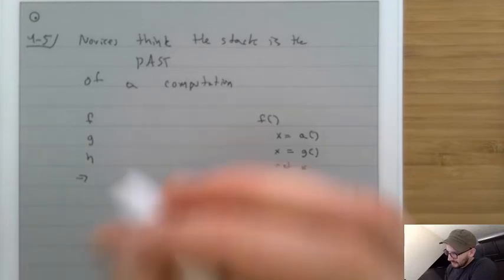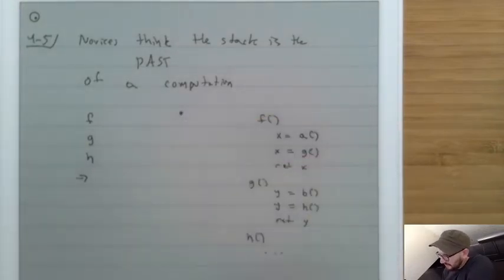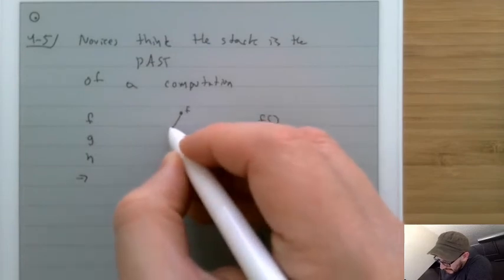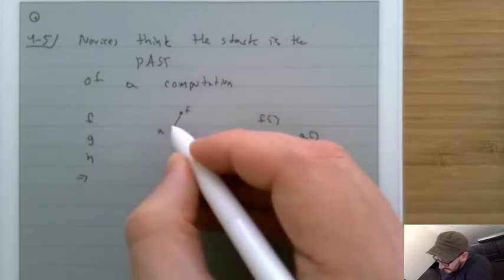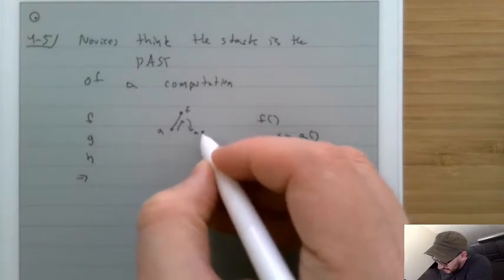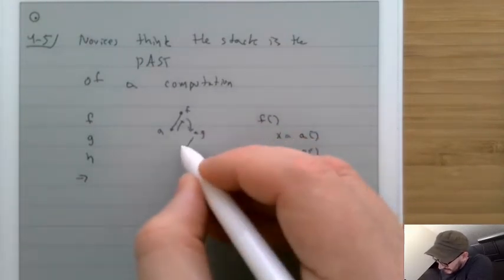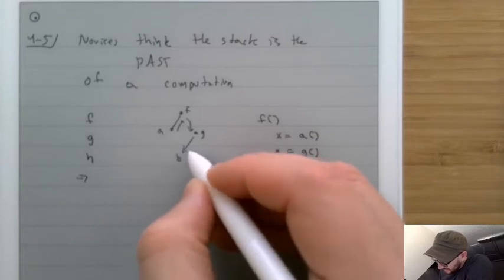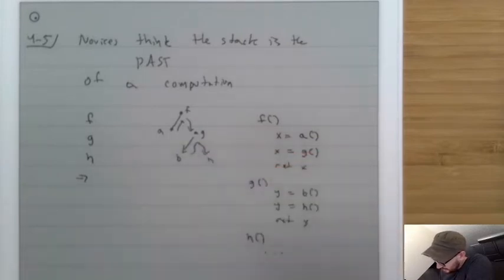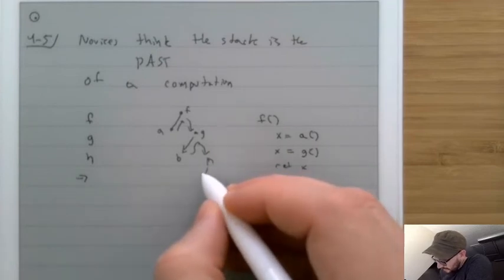Notice that the past, if we look at your computation as a graph, it looked like this. First, we started in f, and then we went down here to a, and then we went back to f, and then down again to g, and then we went down to b, and then we went back up and over to h, and that's where we are right now.